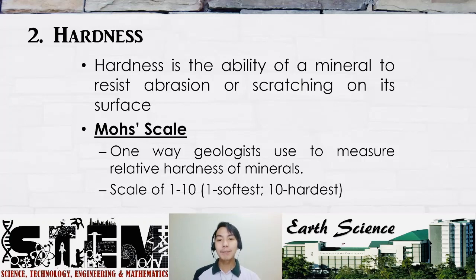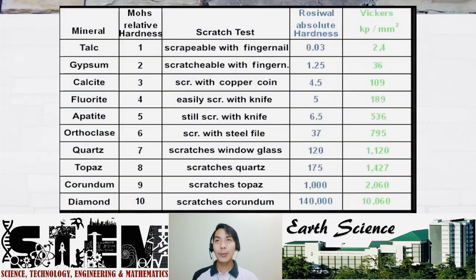It's a linear scale of 1 to 10, 1 being the softest and 10 being the hardest. So how do we use the Mohs scale? Here we have the Mohs relative hardness levels 1 to 10, and in the first column you have their mineral examples.